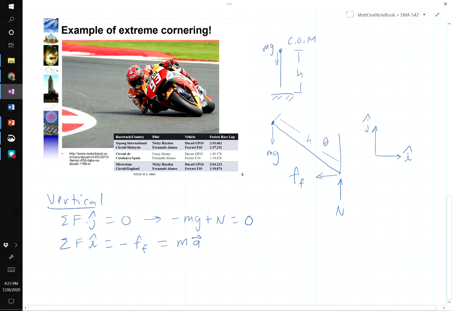And if this motorcycle is moving in a circle, so if we looked from the top and we saw this motorcycle moving in a circle with a path that has a radius of curvature rho, then using what we just did in the last example, we could say that this is equal to the mass, and that also has to be in the inward direction, so that would be the mass times s dot squared over rho.